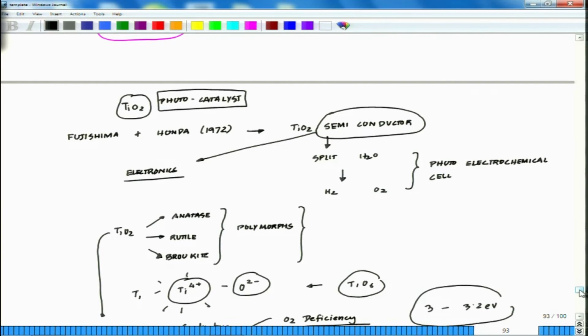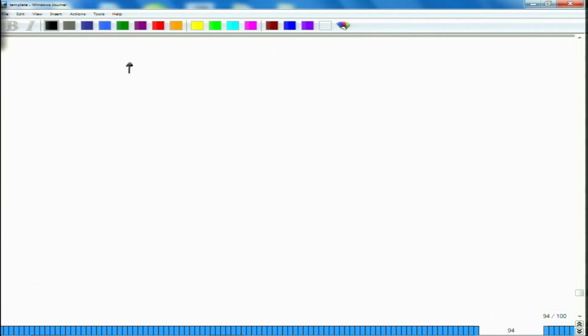These are the features which are important due to its very high photoactivity, one aspect. The second aspect, it is pretty low cost.